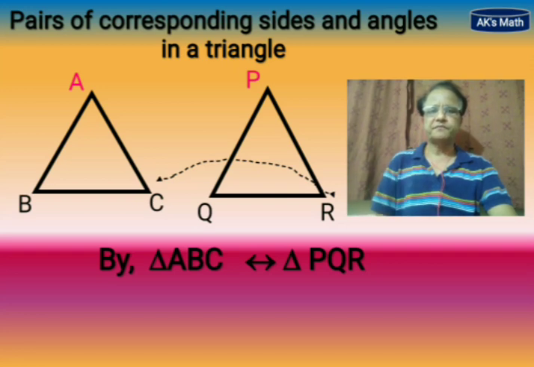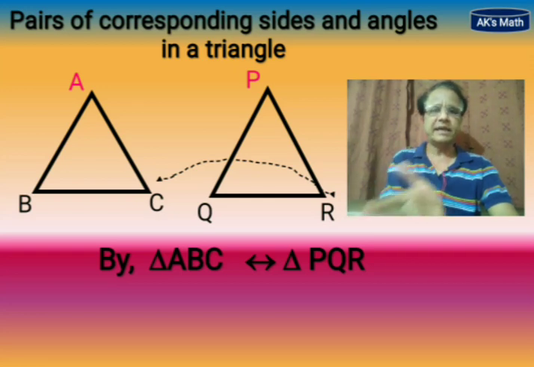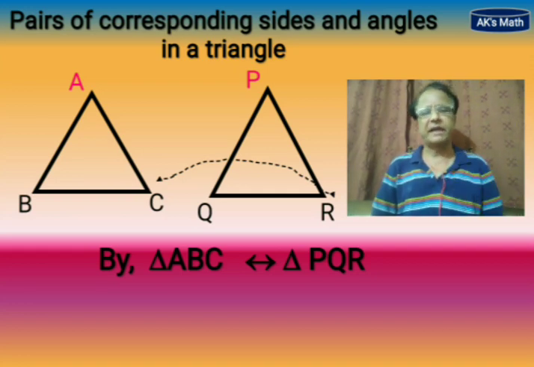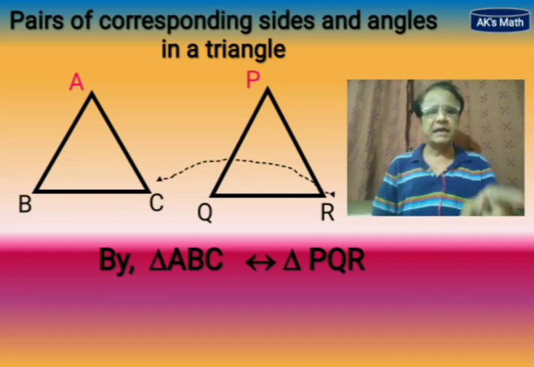Remember students, corresponding angles is a different concept in parallel lines. That is different; here it is triangle correspondence. Correspondence means related with each other. So angle A is related with angle P. Therefore, angle P is the corresponding angle of angle A. Angle B is related with angle Q and angle C is related with angle R.